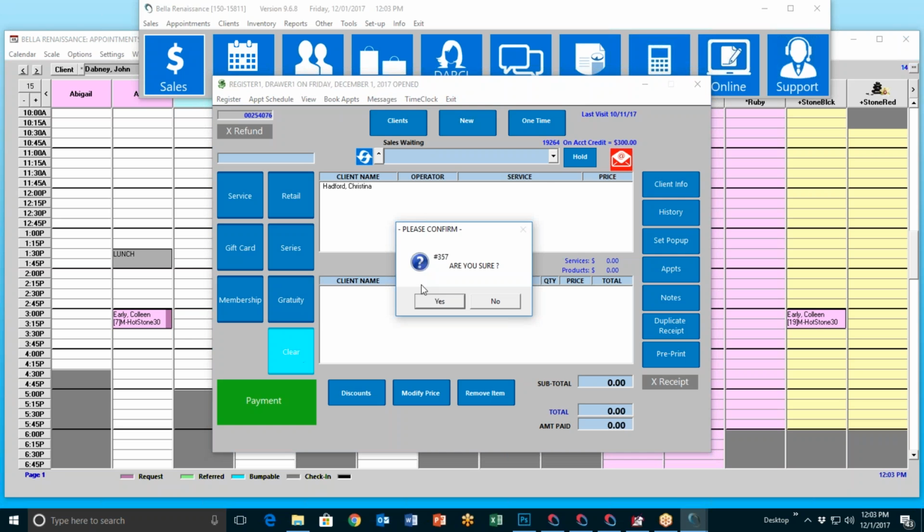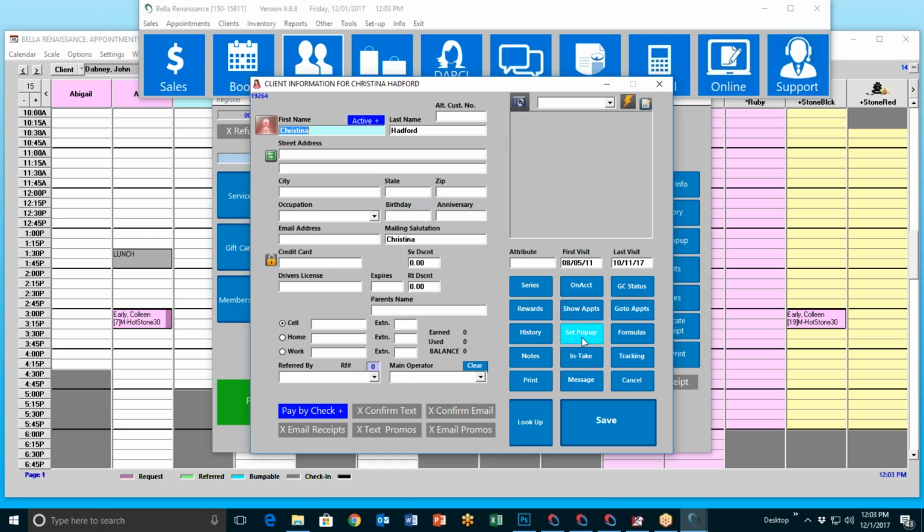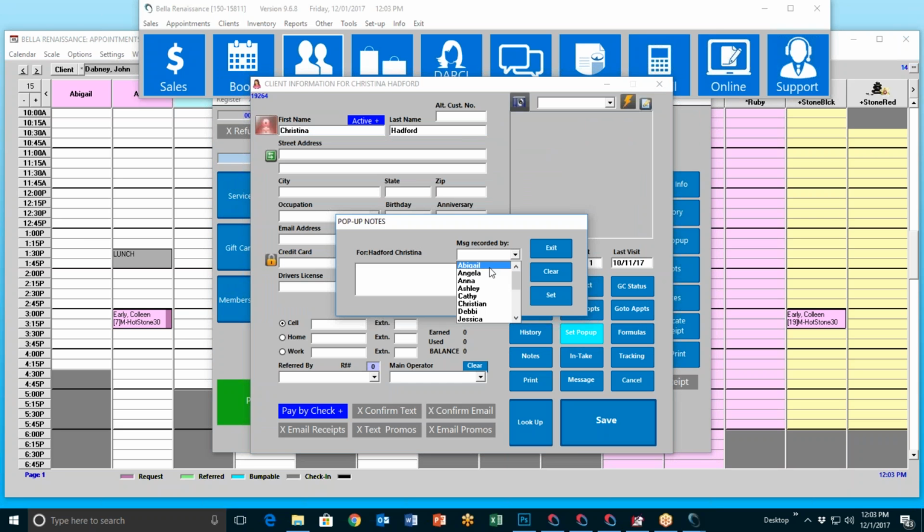Okay. So what I would do then is in Ms. Hadford's file, I would set up a pop-up that says, and whoever it is that's writing this, maybe it's Angela, and she says, Christina bought the blah special and paid $300.